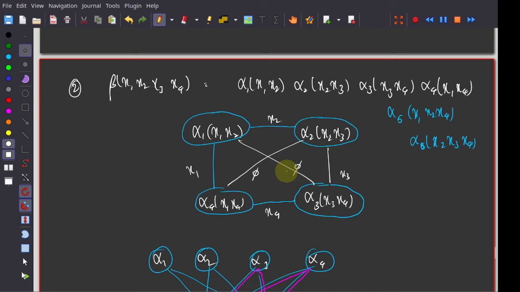By mk by 2? Correct. So k is equal to 2. But is it mk by 2? Mk minus, correct.